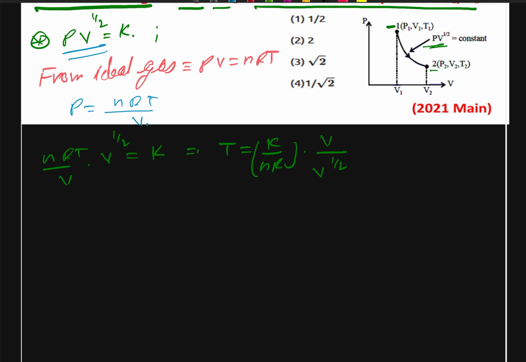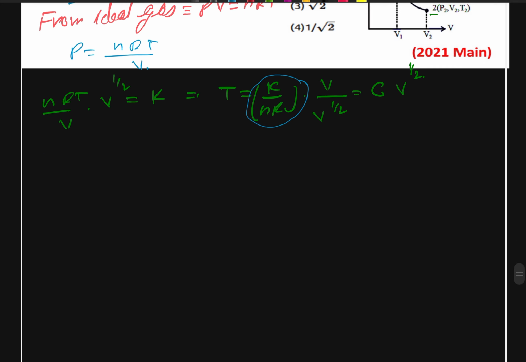In place of this entire term we can put another constant C, and V raised to power 1 minus 1/2 gives us 1/2.